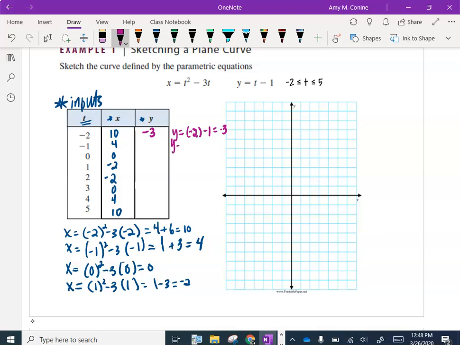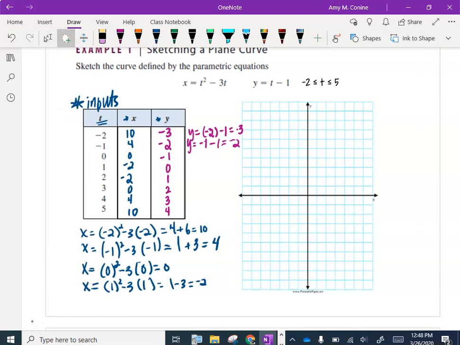So y equals -1 minus 1, we should get -2. You can do those values, that's the algebra part that I know you can do. So we have -2, then you should get -1, 0, 1, 2, 3, and 4.